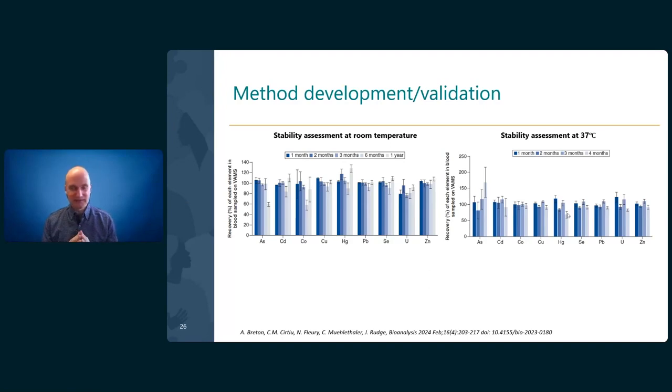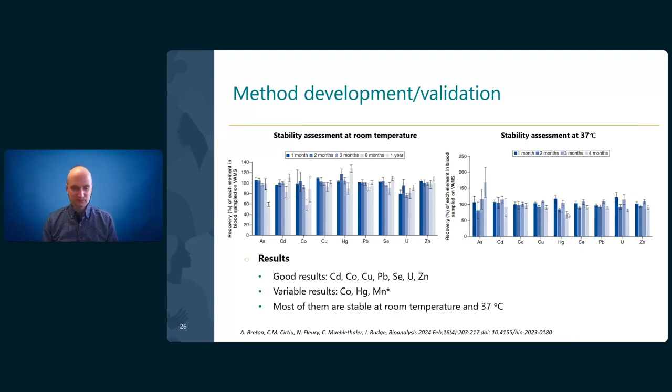It is not yet clear. We did some tests on our side, but didn't conclude that there might be some contamination. We might just simply be seeing loss, because we know mercury is quite volatile, and 37 degrees for 4 months could be very damaging. But most of them are very stable. So we got good results, with variable results for cobalt and mercury, as well as arsenic in some conditions.